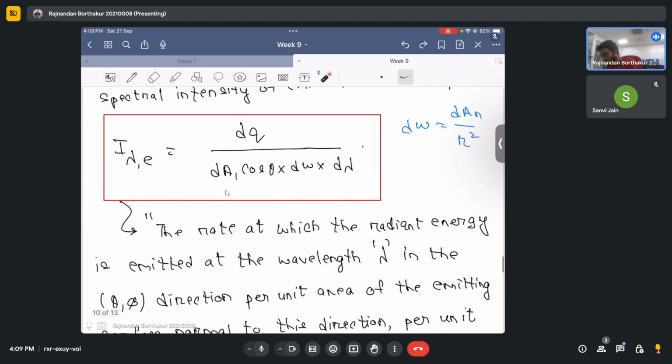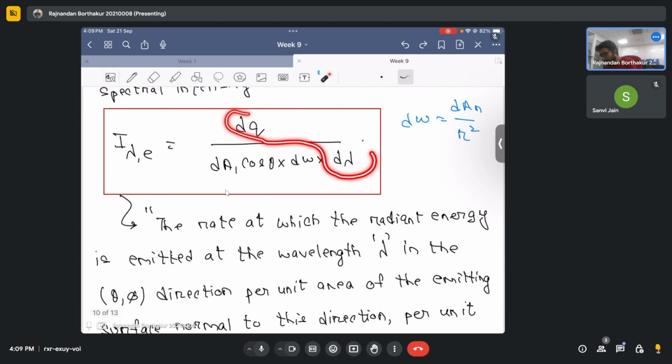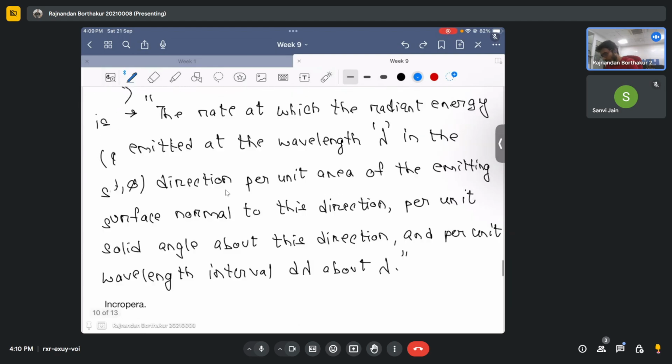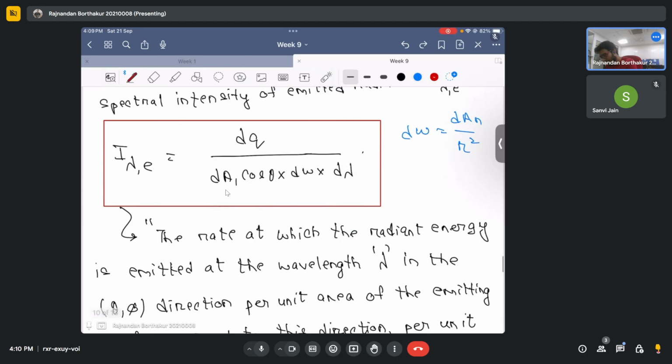So what we will do is write this dq by d lambda as dq lambda.